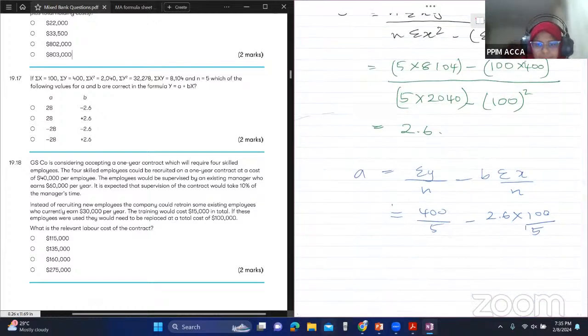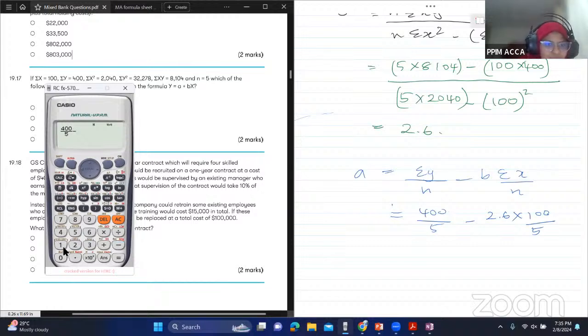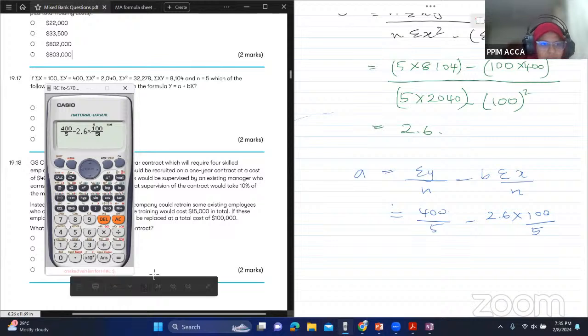So again, let me put this in the calculator. 400 divided by 5. If you don't have the natural display, the calculator which can put fractions like this, it's a good idea to invest in one. Because you're doing MA, you have a lot of papers coming, and having this will definitely make your life easier.